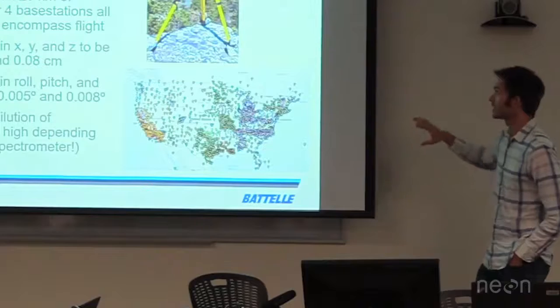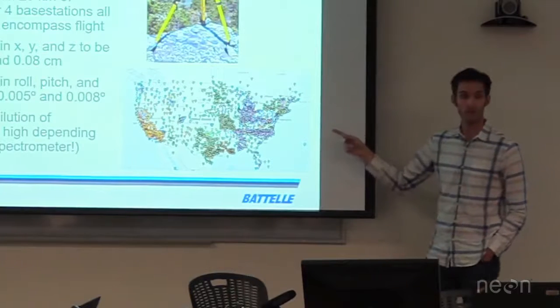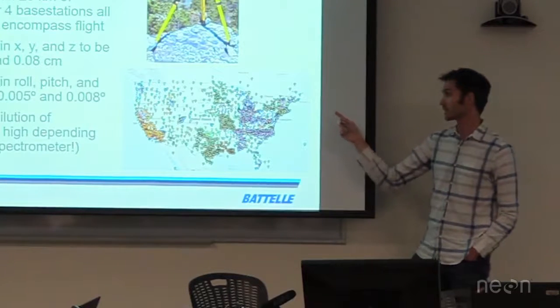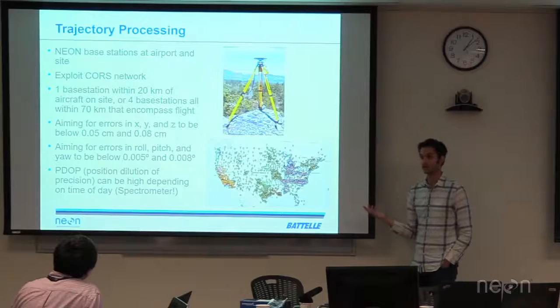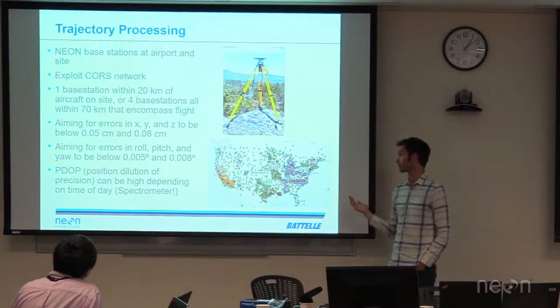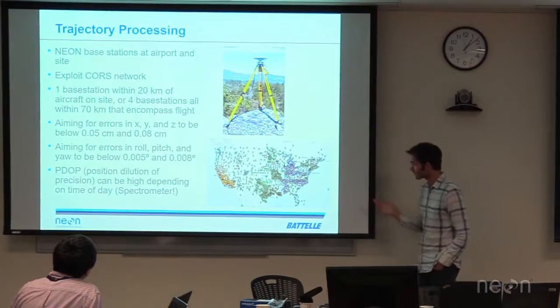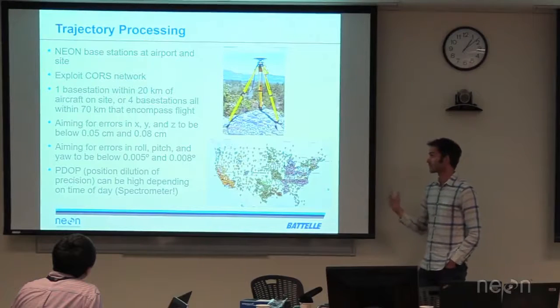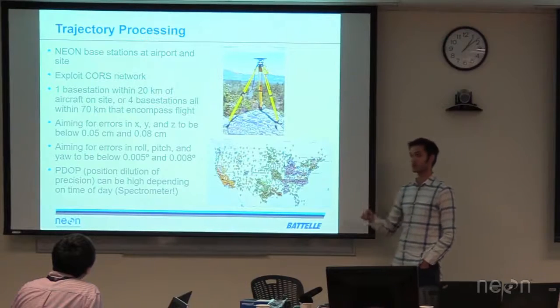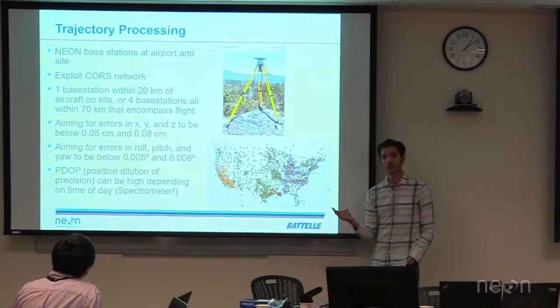Generally, we try to exploit the CORS network as much as we can. These are GPS base stations that are set out across the United States and are run by the local governments or the federal government. We use those CORS stations, which are stationary GPS sites with really accurate coordinates, to differentially correct the GPS trajectory.